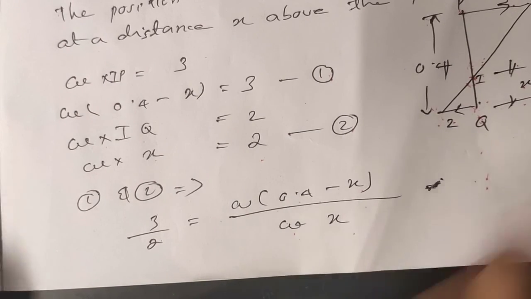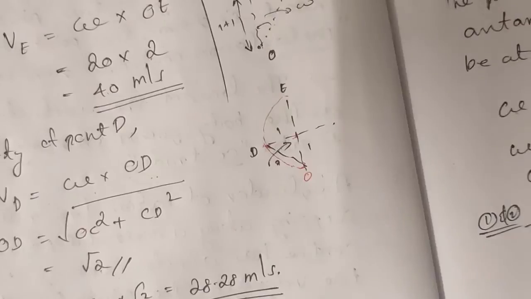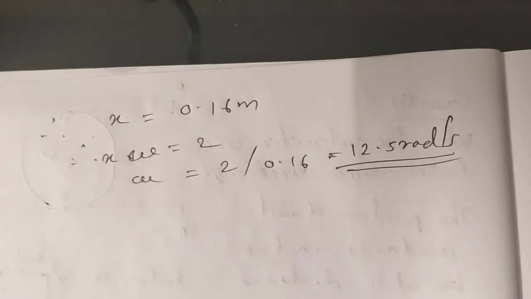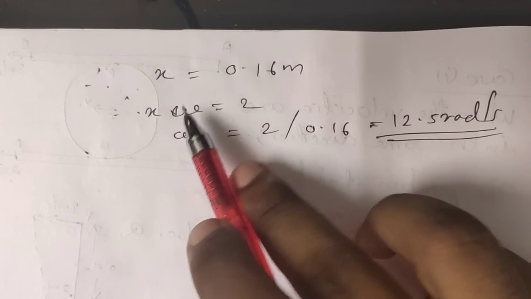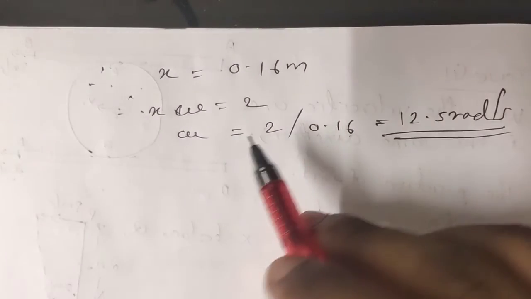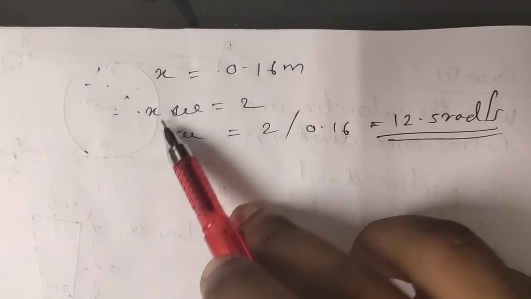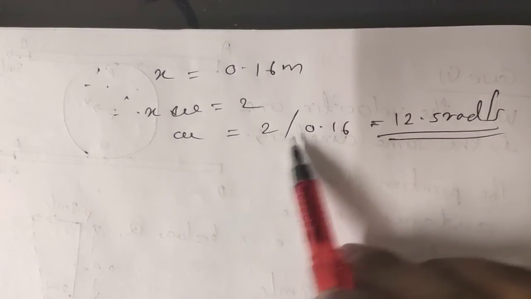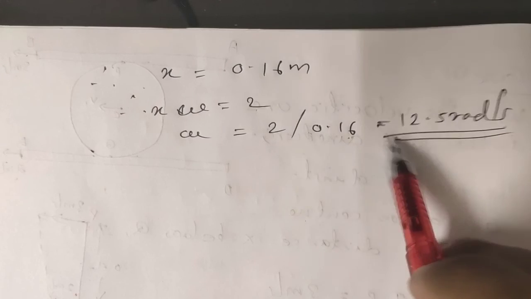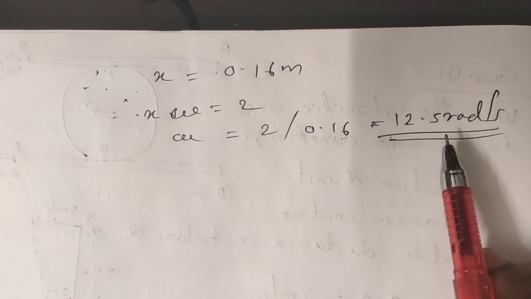Omega cancels, and we get the value of x. The x value is 0.16. We can put the x value in equation 1 or 2, whichever is easy. Then with x as 0.16, omega into 0.16 is equal to 2, so omega equals 2 by 0.16, that is equal to 12.5 radian per second.